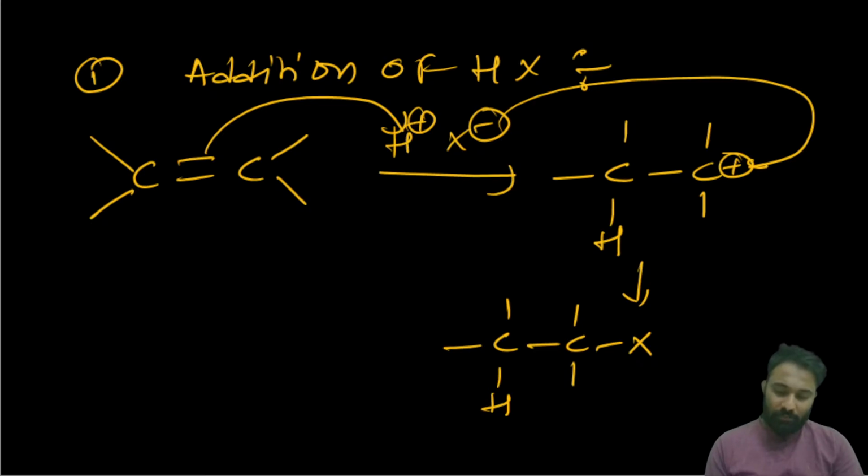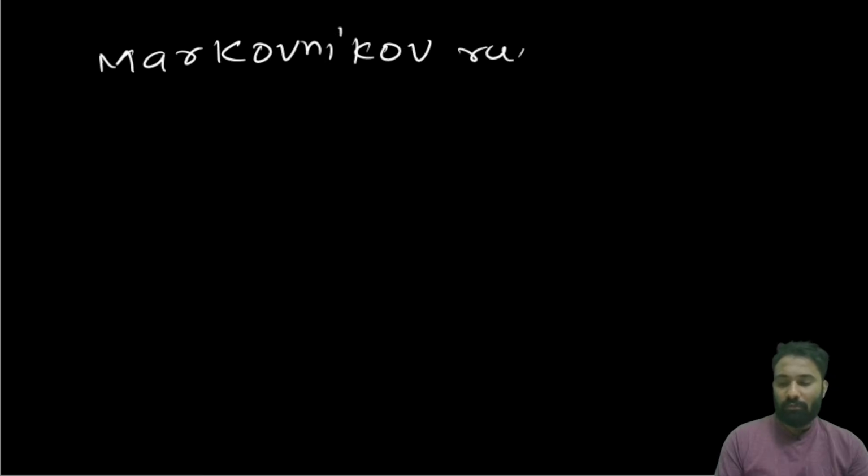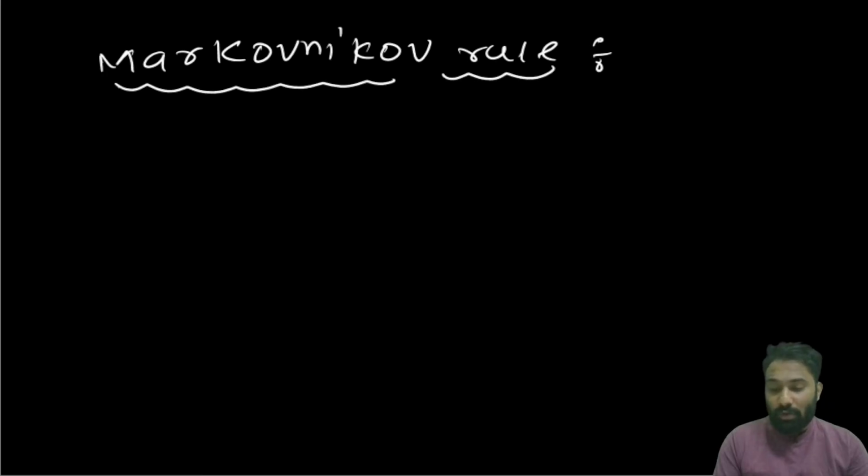Now the next very important topic that we are going to study is the Markovnikov rule. What is the Markovnikov rule? You have to be very careful whenever they ask the Markovnikov rule, application questions, or direct Markovnikov rule questions.